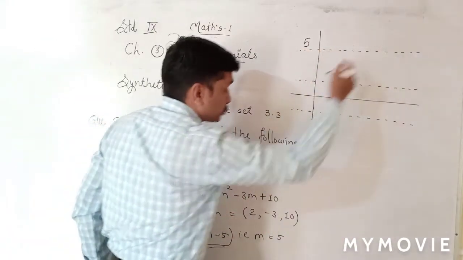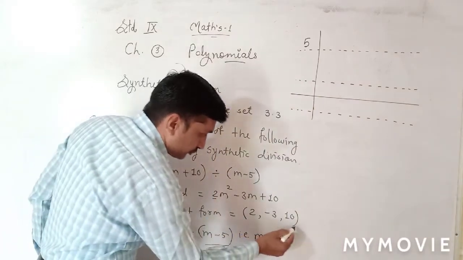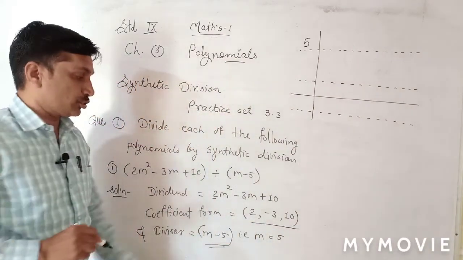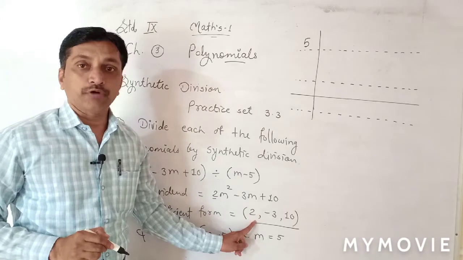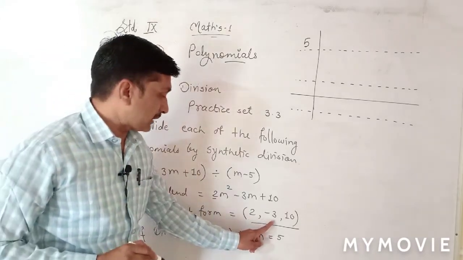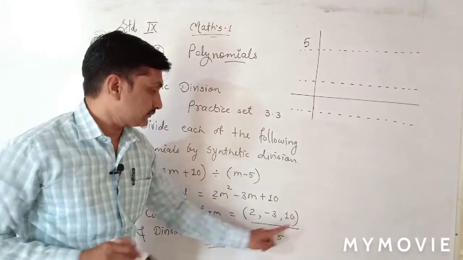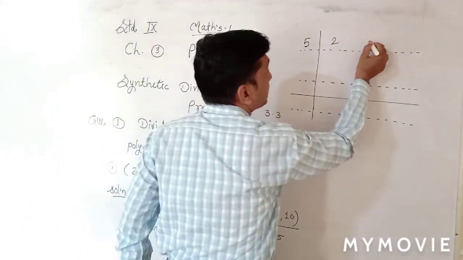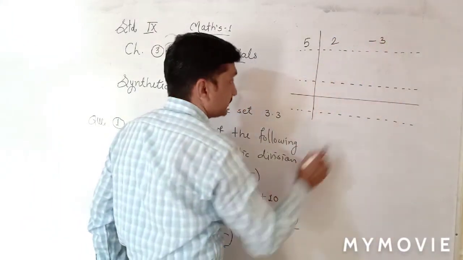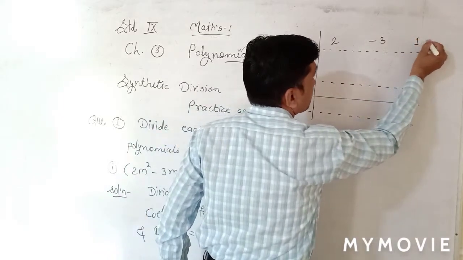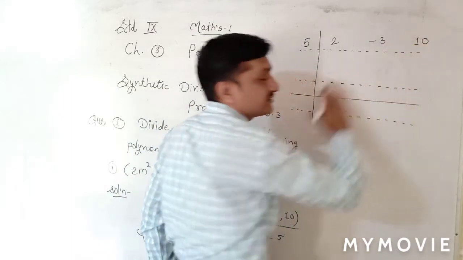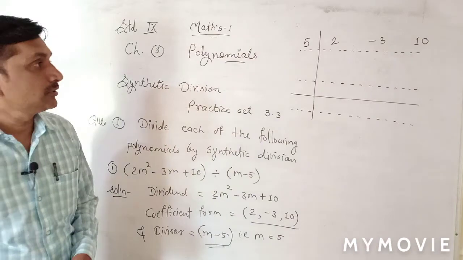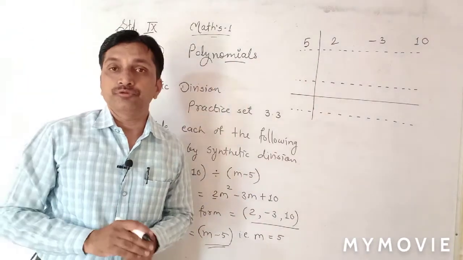And in the same row, first row, you write all coefficients here, the coefficient form of the dividend: 2, minus 3, 10. Write 2, a little space, minus 3 and last 10. A little space between the numbers. Okay, now the first row is completed.